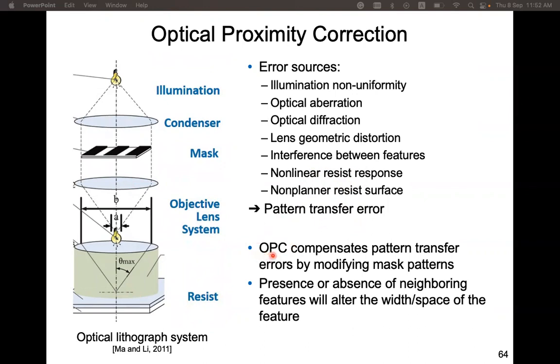And this optical proximity correction can compensate these errors by modifying the mask patterns. Basically, the presence or absence of neighboring features will affect the width and spacing of the features. So some algorithms were invented to apply this neighboring effect to correct the pattern transfer error.